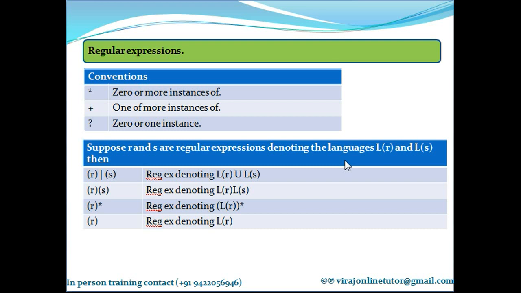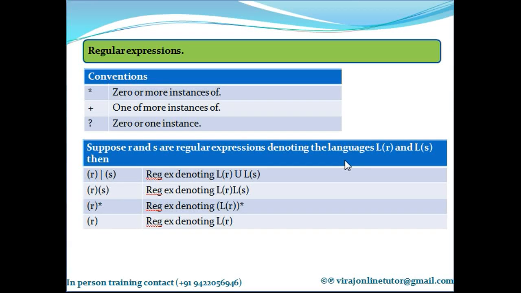So now we are going to discuss the next topic, that is regular expressions. Before we dive into regular expressions, we need to know what an alphabet is. An alphabet is nothing but a finite set of symbols. I repeat, an alphabet is a finite set of symbols.